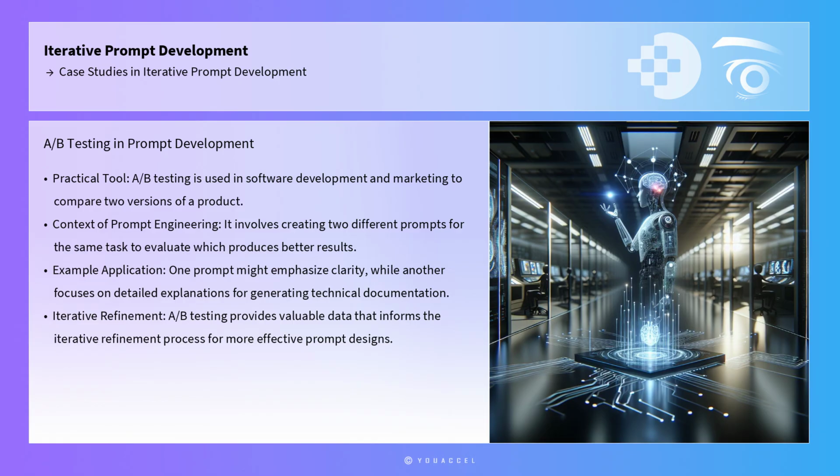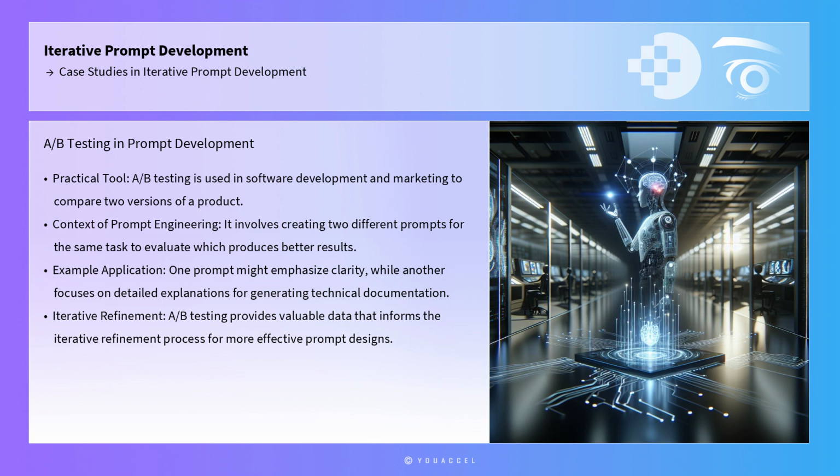Another practical tool for iterative prompt development is the use of A/B testing, a method commonly employed in software development and marketing to compare two versions of a product. In the context of prompt engineering, A/B testing involves creating two different prompts for the same task and evaluating which one produces better results.